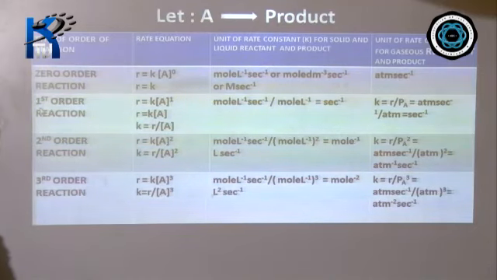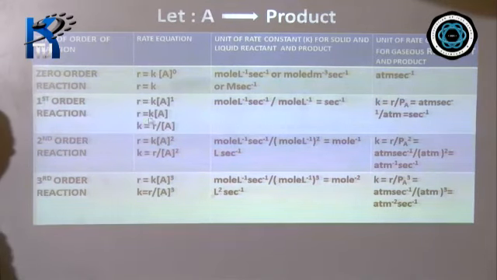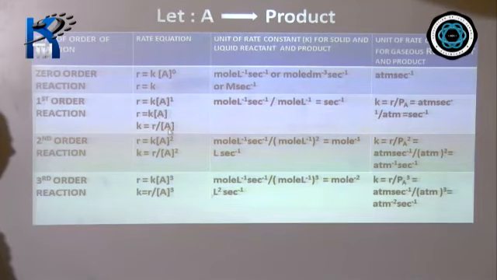Now, we go to the first order reaction. If I consider the same reaction where A gives you product as a first order reaction, then the rate equation will be R is equal to K A to the power of 1, which we can rewrite as R is equal to K times the concentration of A. Now, bring this A down, so K will be equal to R upon concentration of A. I am writing this here, students, to make you understand.